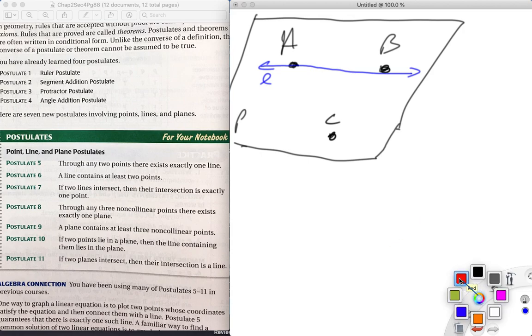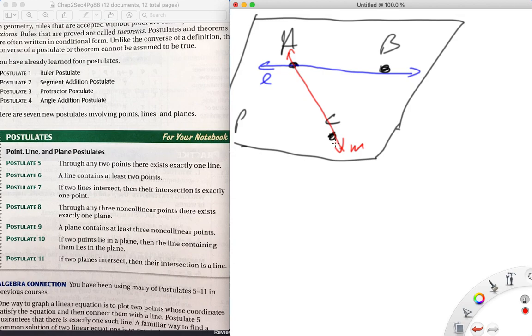If points A and C are in the plane, then the line that contains A and C, line M, is also in the plane P. So if the 2 points are in the plane, then the line that contains those 2 points is also in the plane. Postulate number 10.